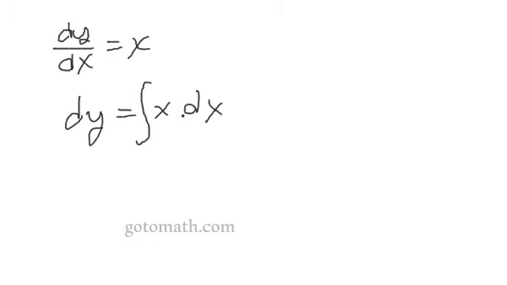Now remember, this is called an indefinite integral, and we're going to be doing some definite integration later, but this is called indefinite integration here. Now when we do that, we're really doing it to both sides. But the way I want you to look at this, just for right now, is that this becomes y over here. So pretend this is a 1 right here, and you're finding the indefinite integral with respect to y.